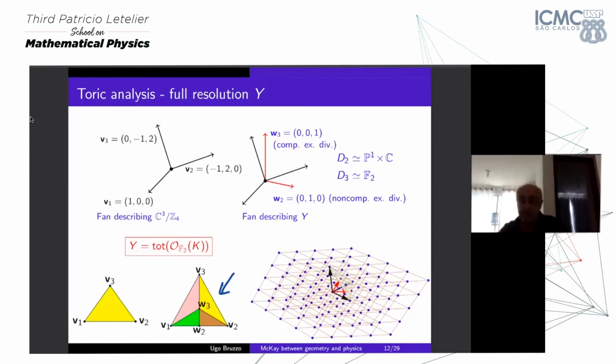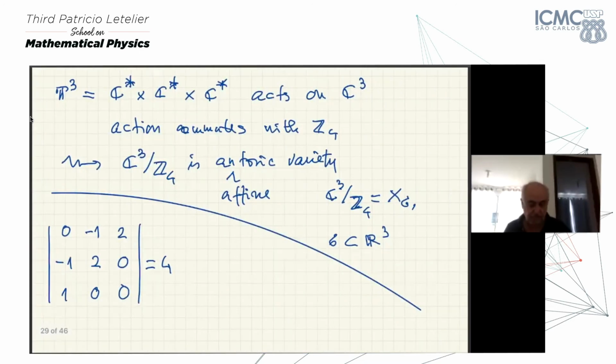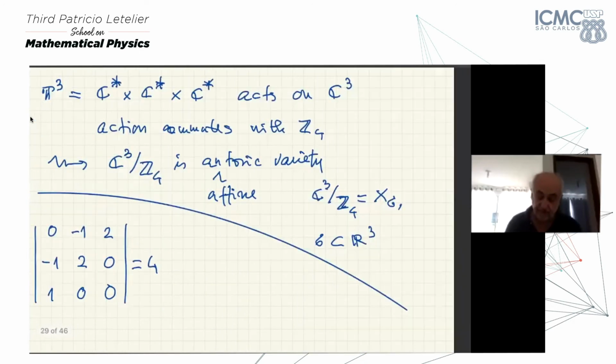W3 is in the interior. W2 is on the border. The result is that the divisor corresponding to W3 is compact. The divisor corresponding to W2 is non-compact. And if you now use toric geometry to compute them, you realize that the compact component is a copy of the second Hirzebruch surface, and the non-compact one is P1 times C. What has happened is the following.